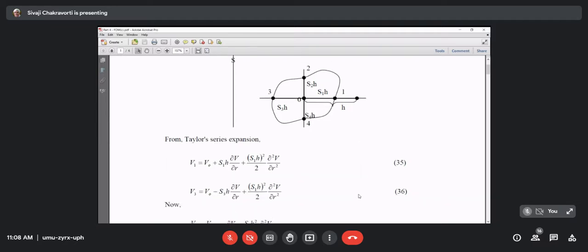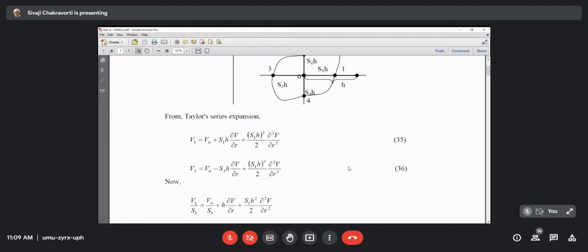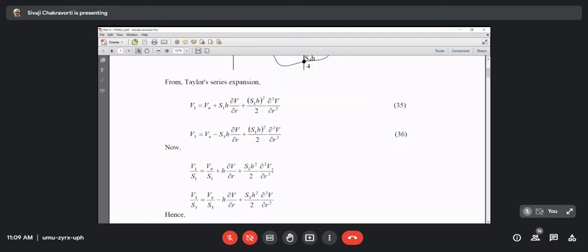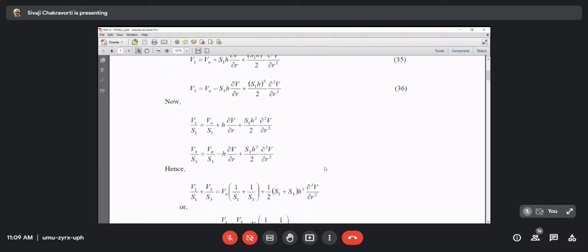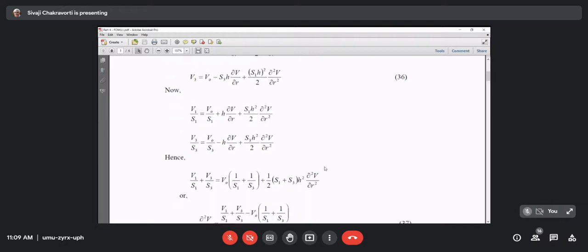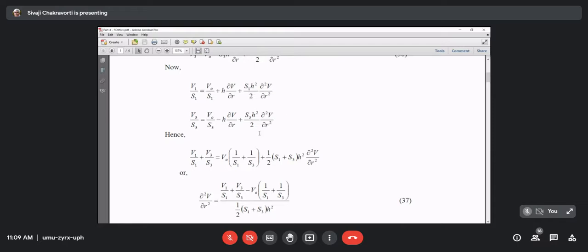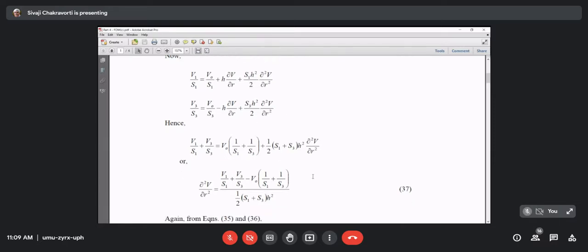So following what we have done earlier, we write the Taylor series between node 1 and node 0, and then node 3 and node 0. Now our target is to find out the term del 2 V del R square and del V del R. So that is algebra, so you can do that. I am not going into the algebra part, although in the note it is given very clearly.